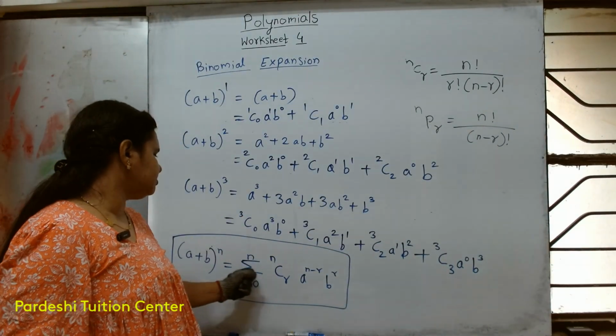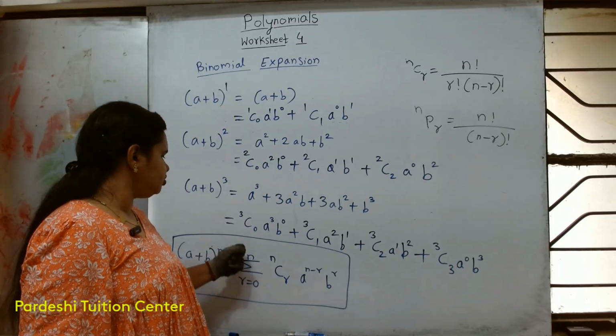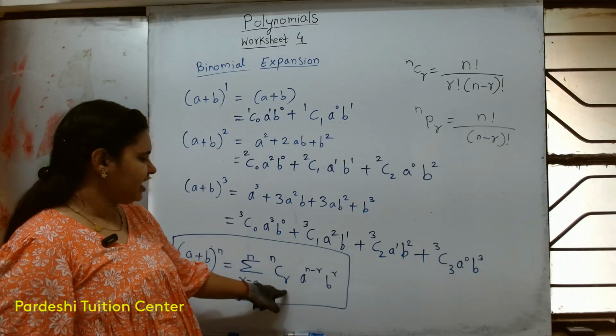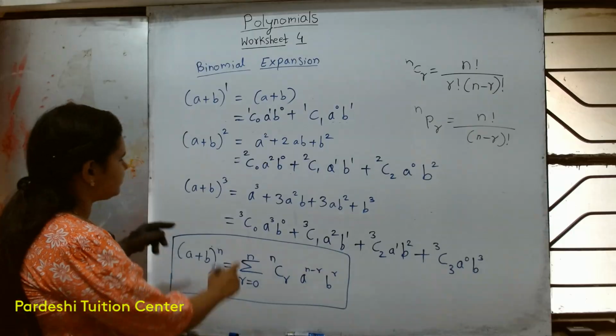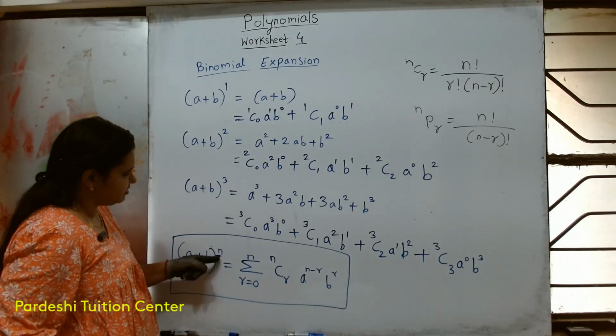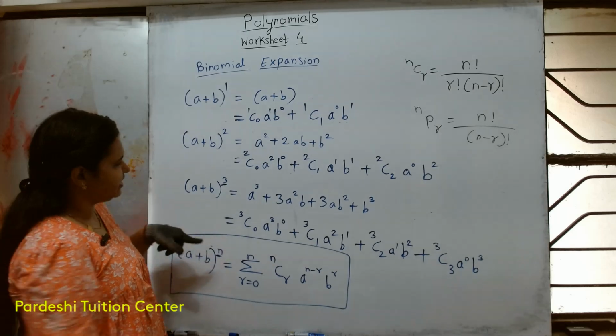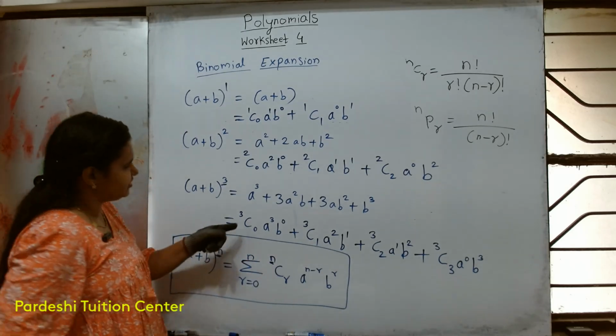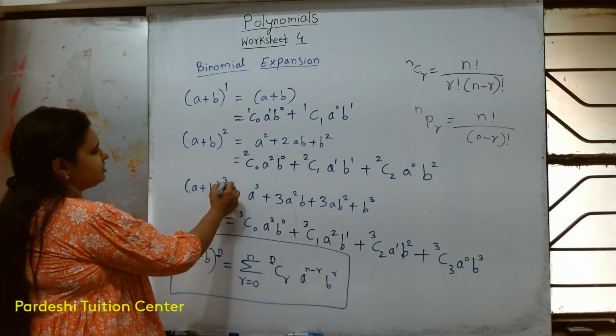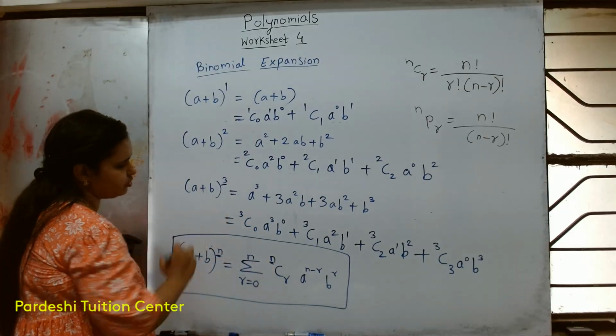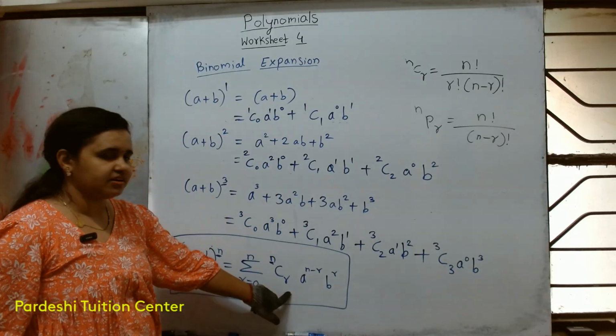So it is the summation of r equals 0 to n, okay. Now nCr, now what is the power here? Here it is power n, here it was 3. So here nCr means 3, the power here is 3, so I wrote 3C0, so it will be nCr, okay.